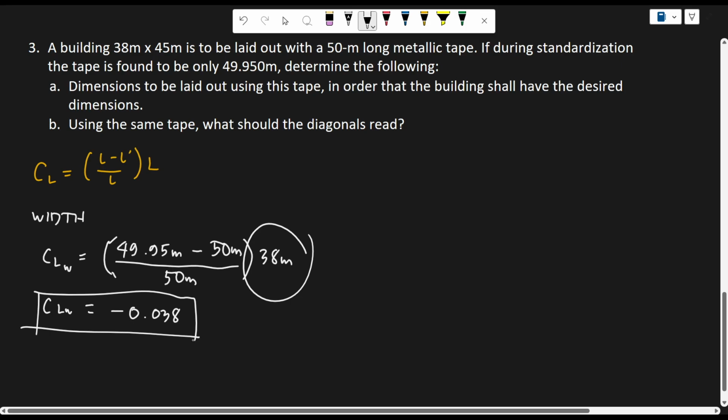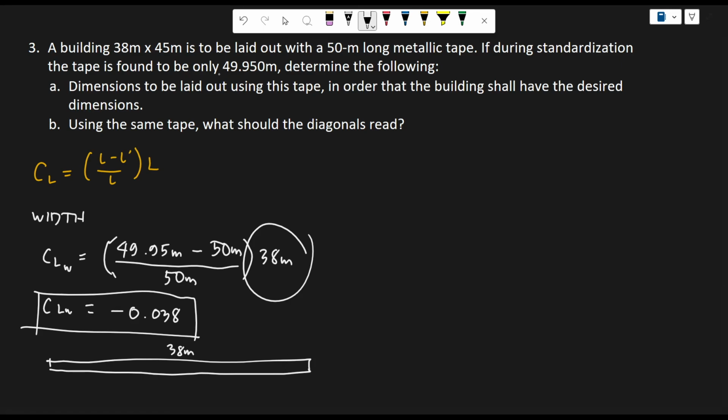So if we go out into the field and we lay out this tape, 38 meters, this is the erroneous tape, because in the problem it said using this same erroneous tape. So from our calculations, this is negative 0.038 meters too short. Okay, so this is short.